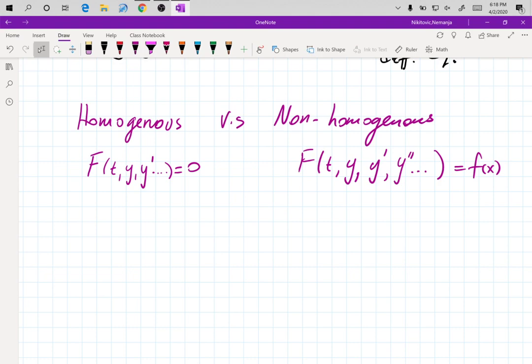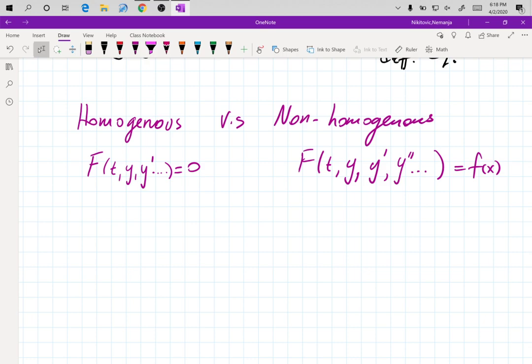So these are the two worlds. And we are going to take a look at the difference between these two through the example.